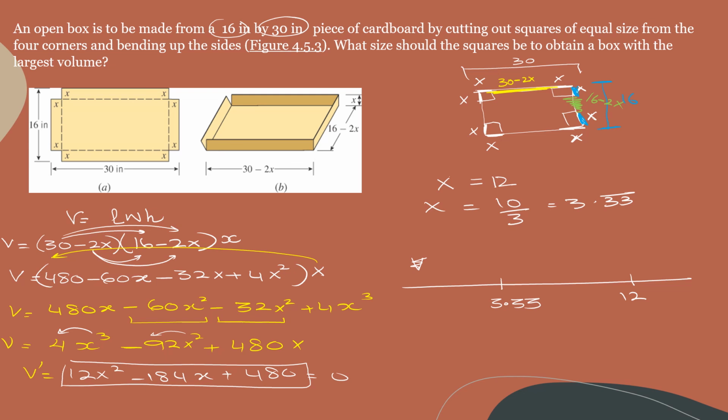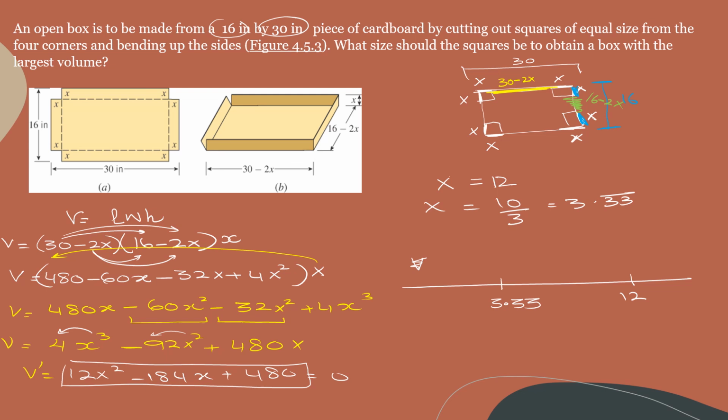Put any value less than 3.33 in the equation and get the positive or negative sign. Then choose another interval between 3.33 and 12 and put it in the first derivative.